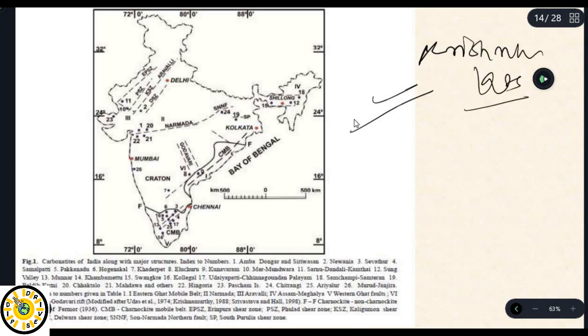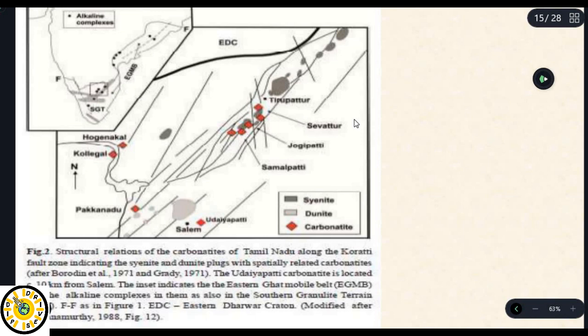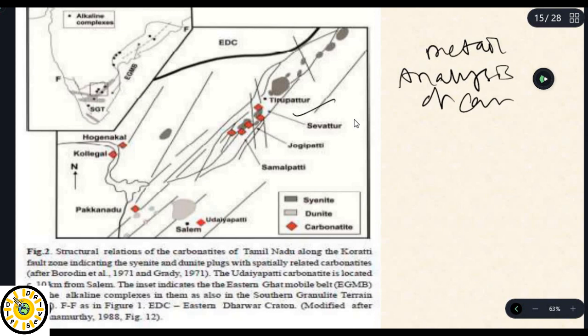Please go through this if you are really interested. Look, Sevattur and Samalpatti, these are some of the places where rare earth mineralization is found, carbonatite bearing rare earth mineralization. So this is about carbonatite alkaline complexes.